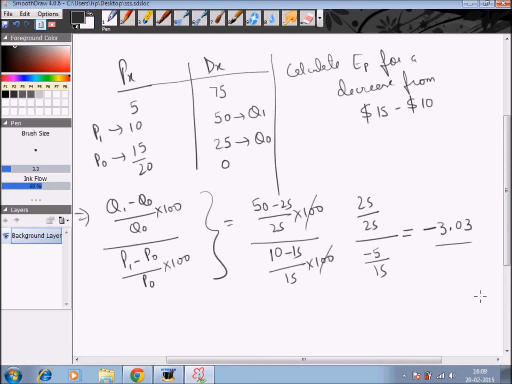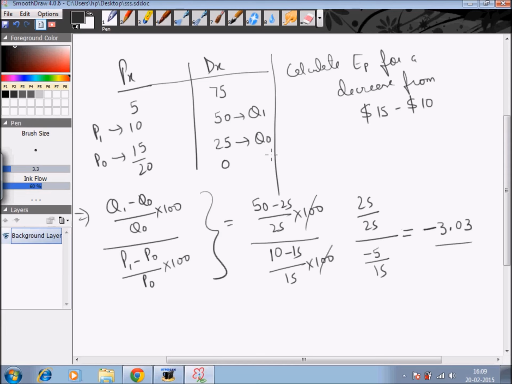So this is why it's very important to study price elasticity of demand, to see how consumers react to changes, and it also provides a measure to see the sensitivity of the consumers towards the price changes of a particular commodity.